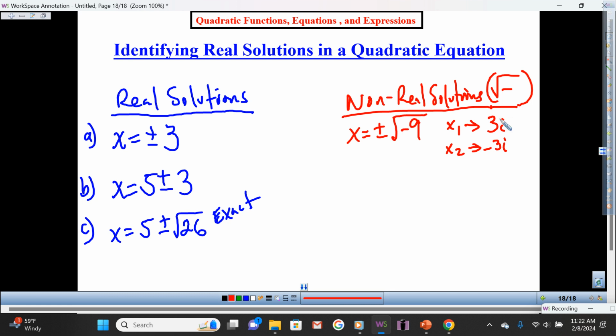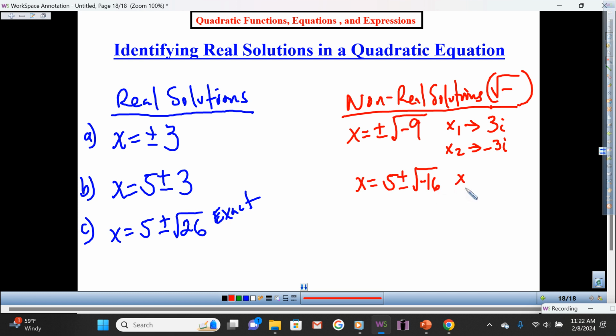Did you guys grow up with SpongeBob? Anyways, imaginary. Since they are imaginary, they are not real. Here goes another example: x equals 5 plus minus square root of negative 16.